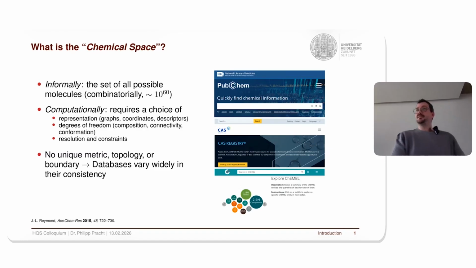The 2 largest databases that we have got are PubChem, which contains around 150 million different molecules, and the CAS registry, which contains around 280 million molecules, which both is far off from this number on the top left. You can also think about this as a technological limit. If you were able to store a single molecule as 1 byte, this would still be something like 10 to the power of 39 petabytes.